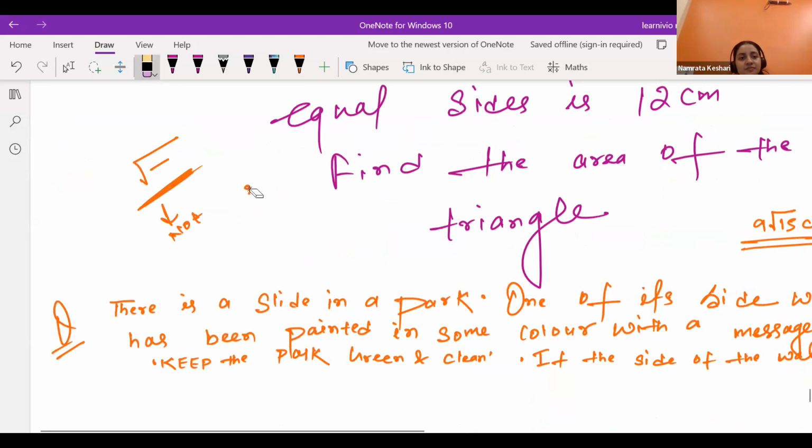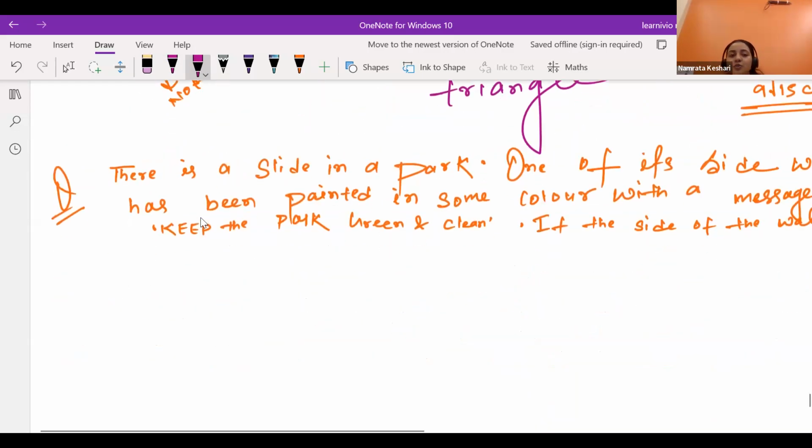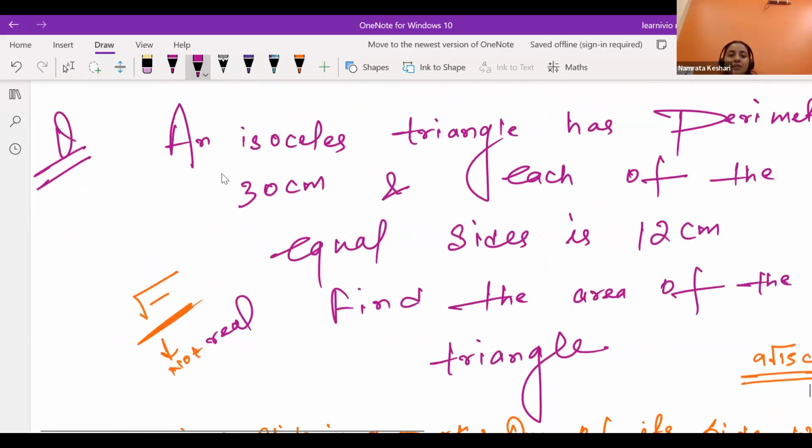Remember, and the second answer is 20 root 2 meters square. Okay, I need to draw the figure for that, but at first let me ask everyone if they are getting the same. Safia, what are you getting? Ma'am, for the second question I got 20 root 2 meters square. Tejas, you are not using a calculator, right?